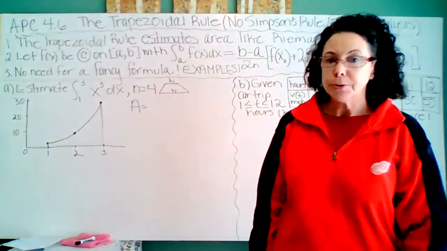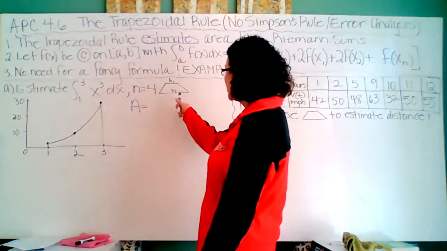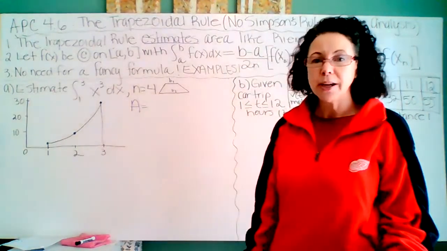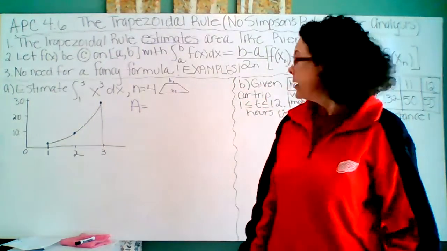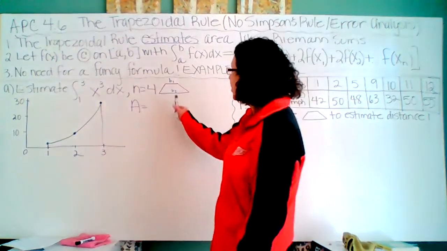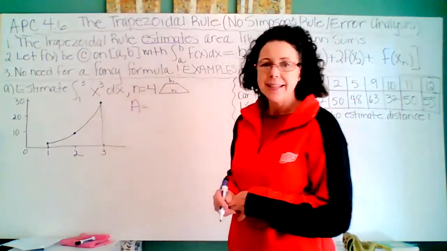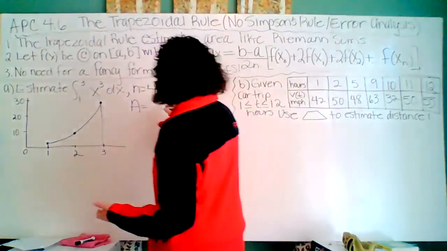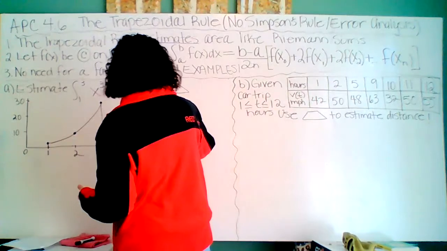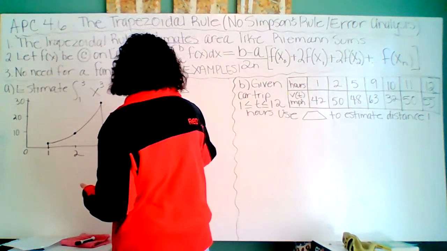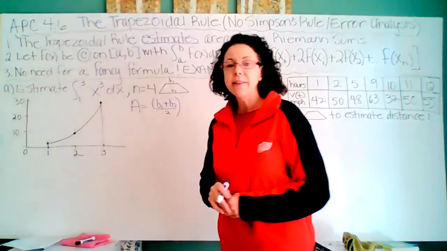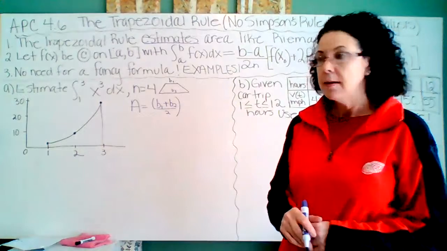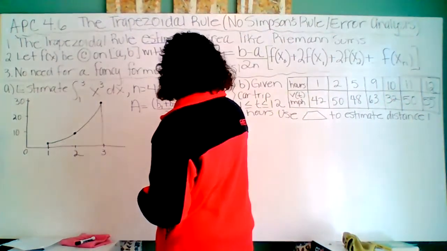Now, why is this true? It's true because this trapezoid is very much like a rectangle, right? It has a height, but it has 2 different bases. So the idea is, well, let's add up the 2 bases and divide by 2. Let's find the average of the bases, and then multiply it by the height.